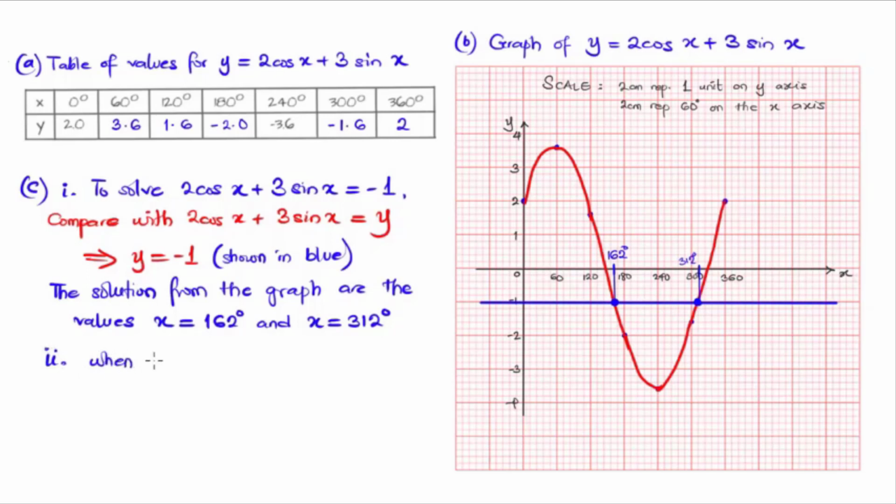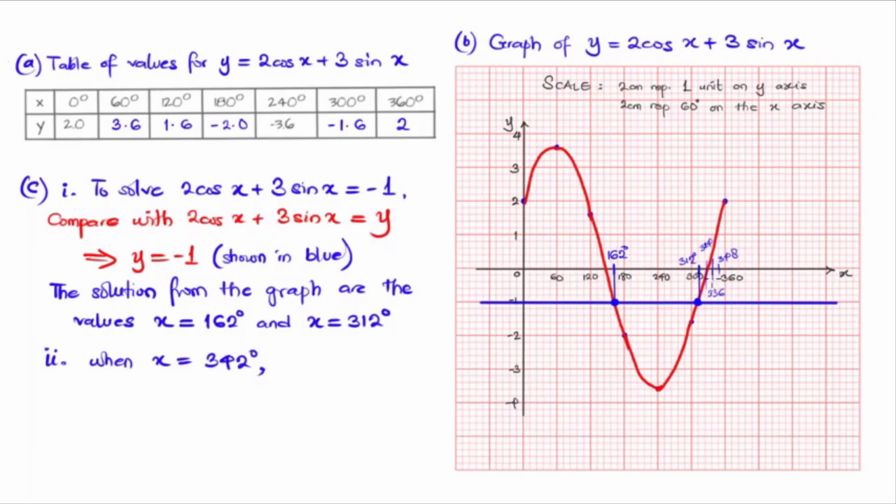So now in question 2, when x is 342 degrees, we're asked to find the value of y. So what we need to do is to locate the point 342. Now we have 312. After 312, 312 plus 12, that will be 324, plus another 12, that will be 336, plus another 12, that will be 348.